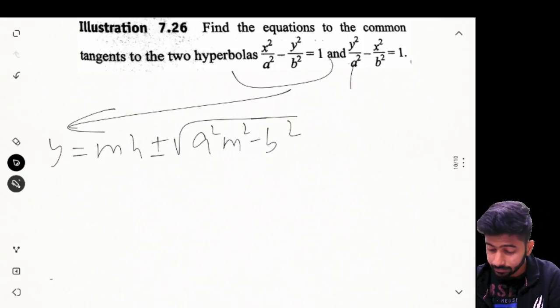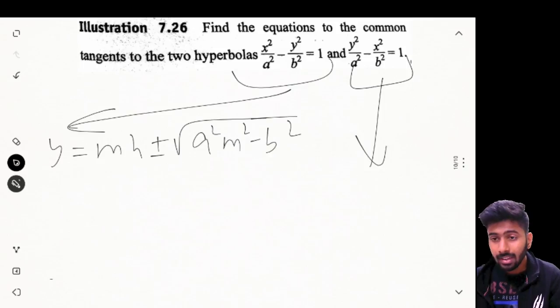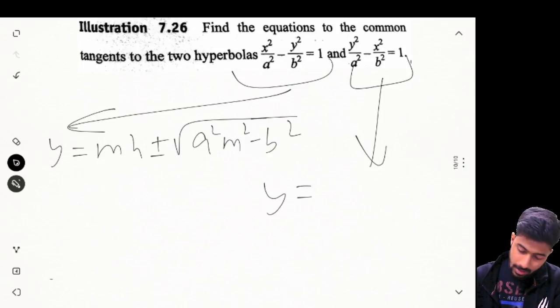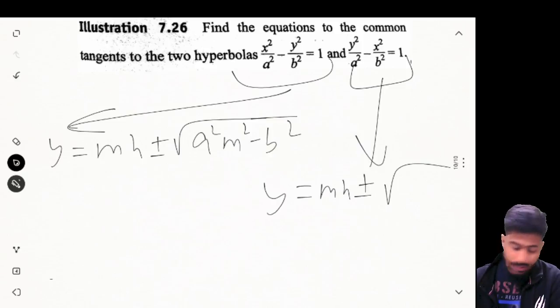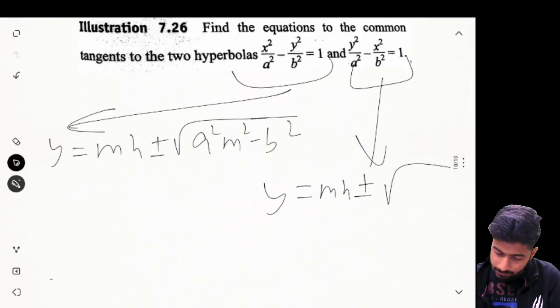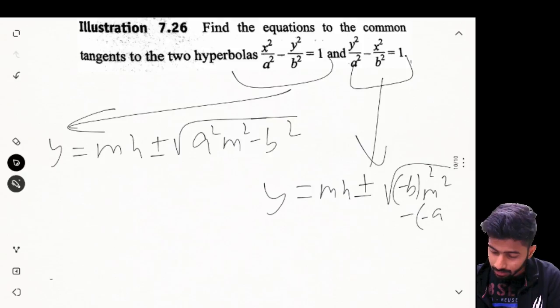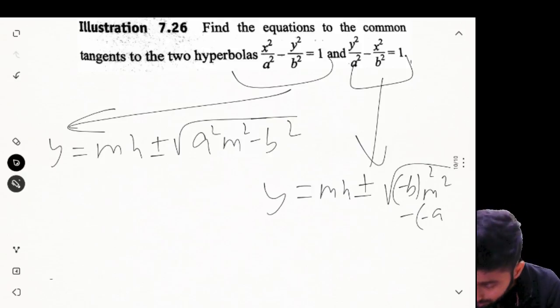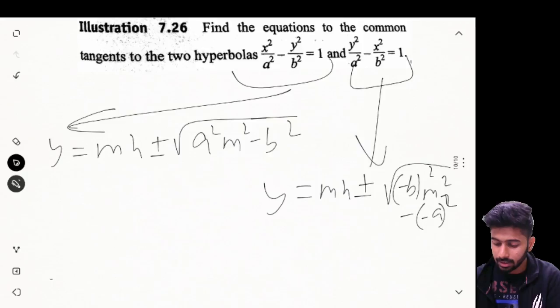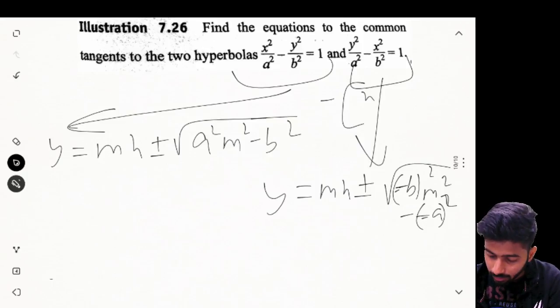For the second curve, the tangent is of this form: y is equals to mx plus or minus, instead of an a square, you'll now have a b square. In fact, you'll have b square m square minus a square, with minus signs which obviously don't matter. But why do I have these minus signs? Because I can take a negative common from here.